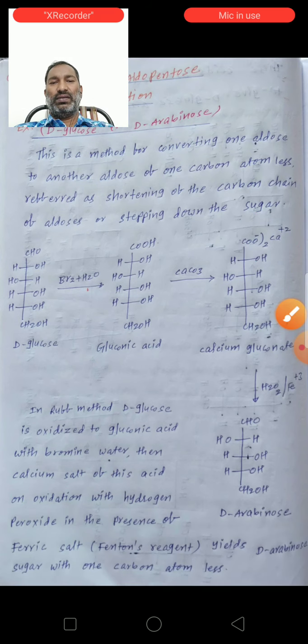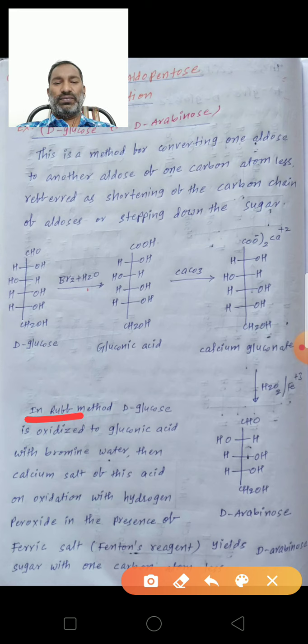Here in the Ruff's method, D-glucose is oxidized to gluconic acid with bromine water, then the calcium salt of this acid on oxidation with hydrogen peroxide in the presence of ferric salt, that means ferric chloride, like that ferric salt, yields D-arabinose.